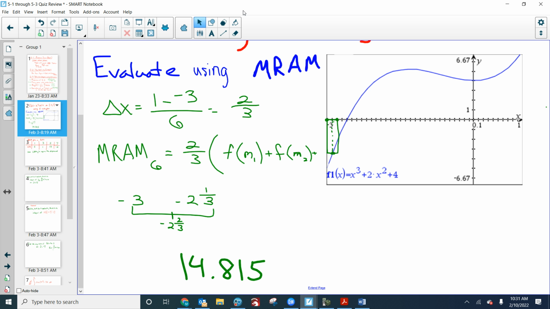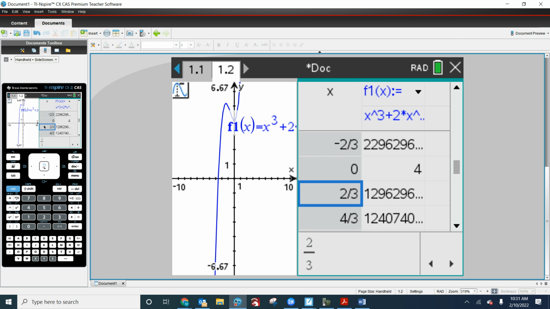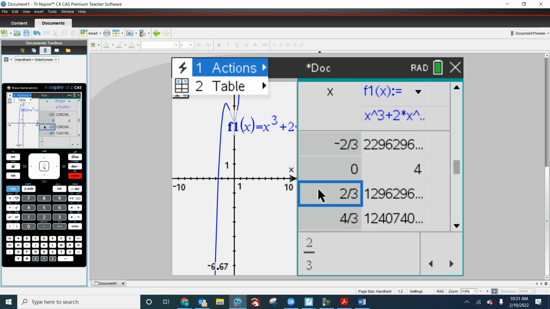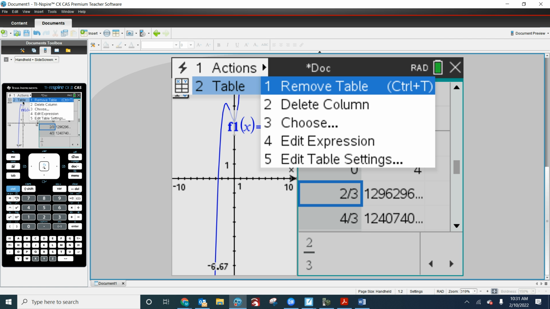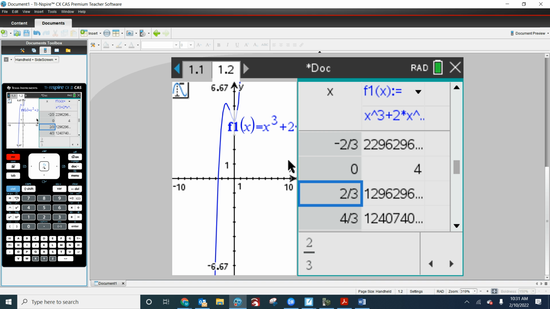How do you pull up where you can make this step? So once you're in the table, hit the menu button, and then table, edit table settings. Now, some people want to get rid of the table.